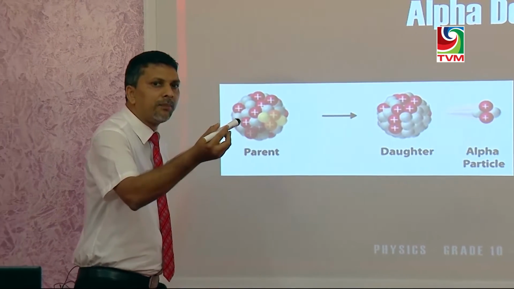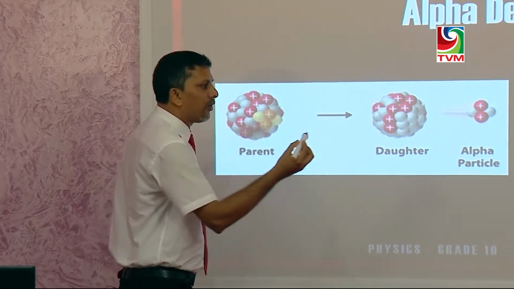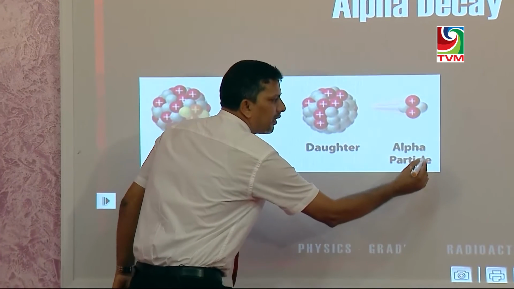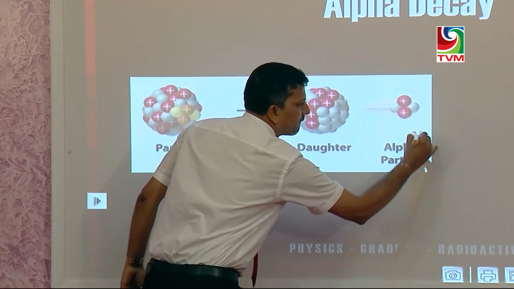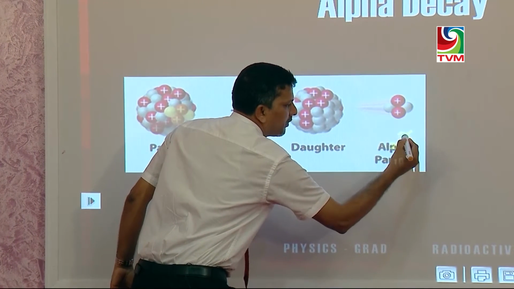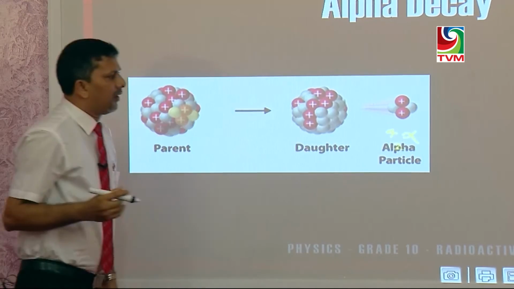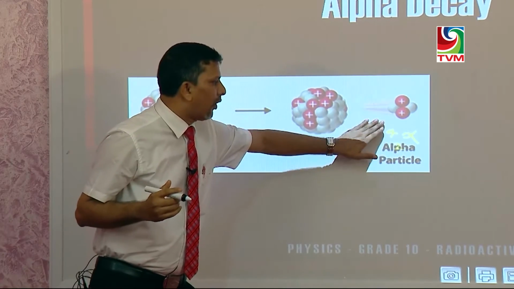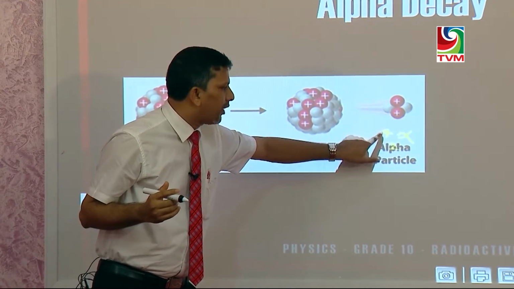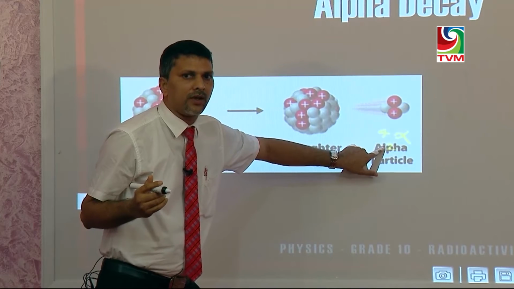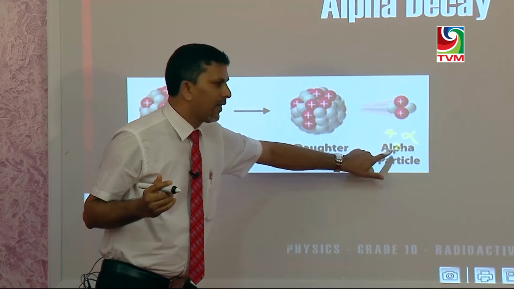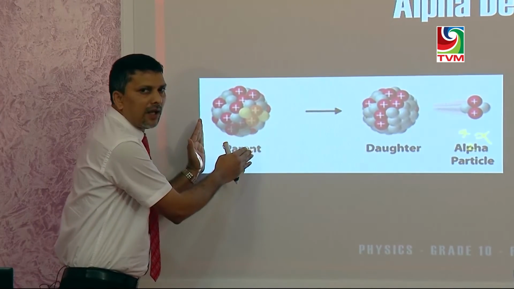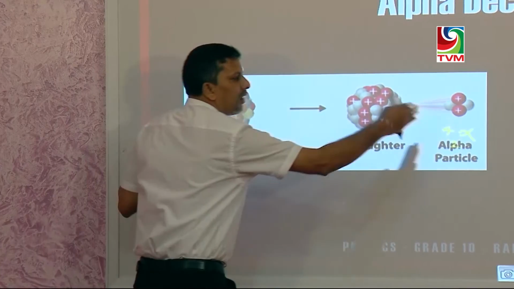Already in the previous class you studied alpha particle. Alpha particle is 2, 4, that means 2 protons and 4 minus 2, 2 neutrons. Now we can check the parent element. The parent element emits 1 alpha particle.